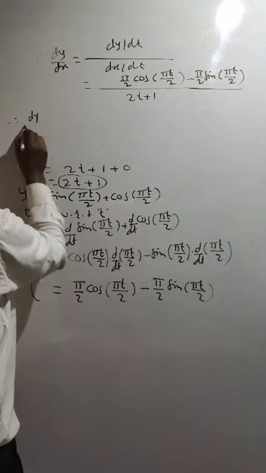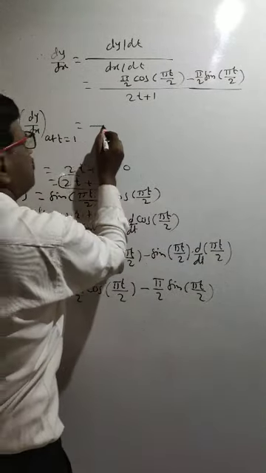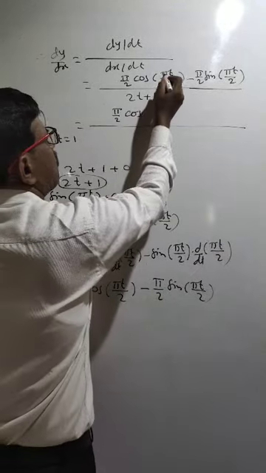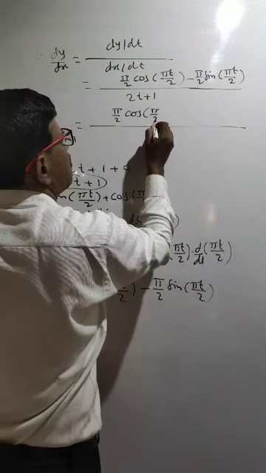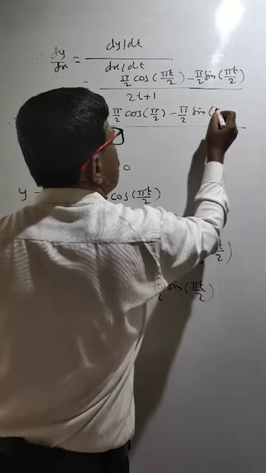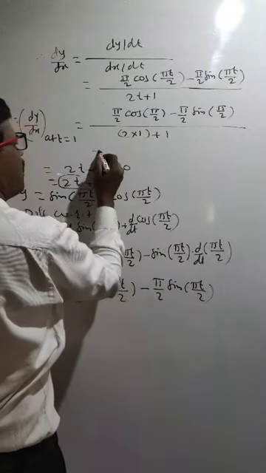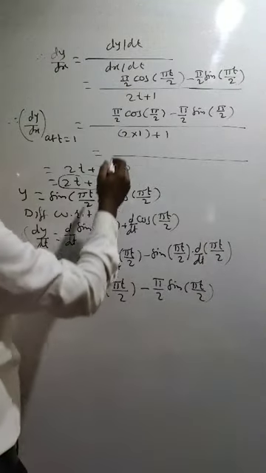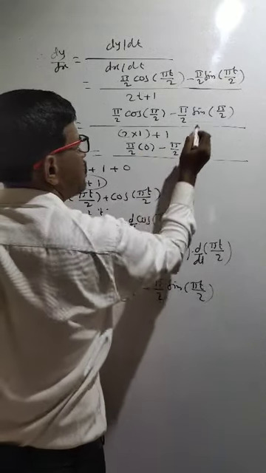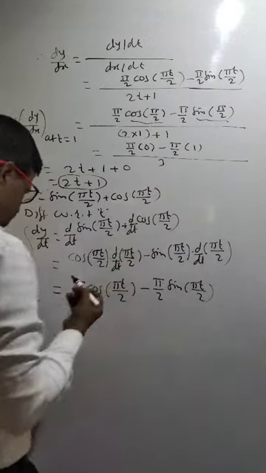Therefore, dy by dx at t equal to 1 equal to pi by 2 into cos of pi by 2 into 1, minus pi by 2 into sin of pi by 2 into 1, upon 2 into 1 plus 1, equal to pi by 2 into cos pi by 2, which is 0, minus pi by 2 into sin pi by 2, which is 1, upon 2 plus 1, which is 3.